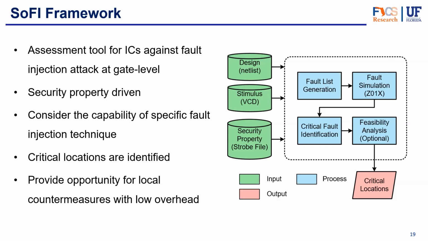We see whether by injecting the fault at different locations of the design, it is possible to violate any security properties. If yes, those parts of the design will be reported as vulnerable locations that should be protected against these faults, and if not, we are good.